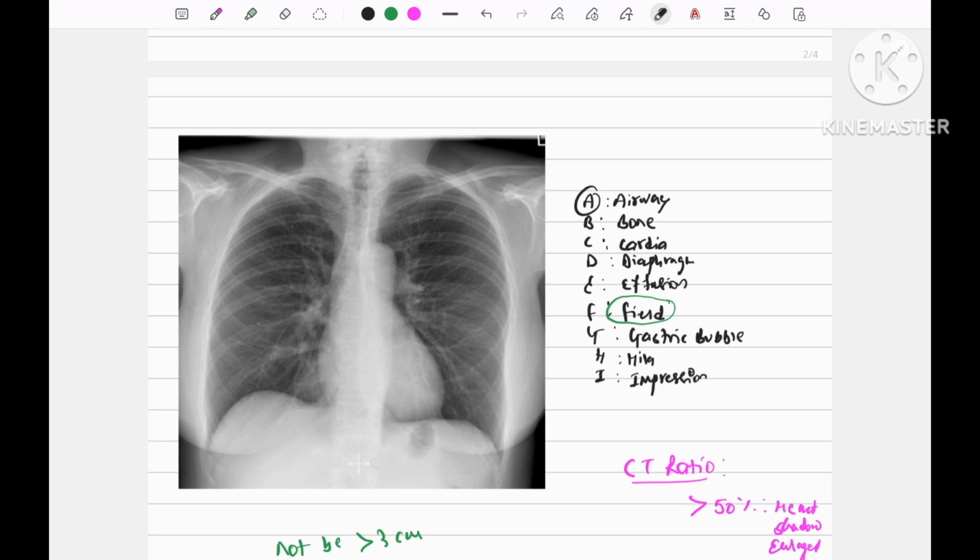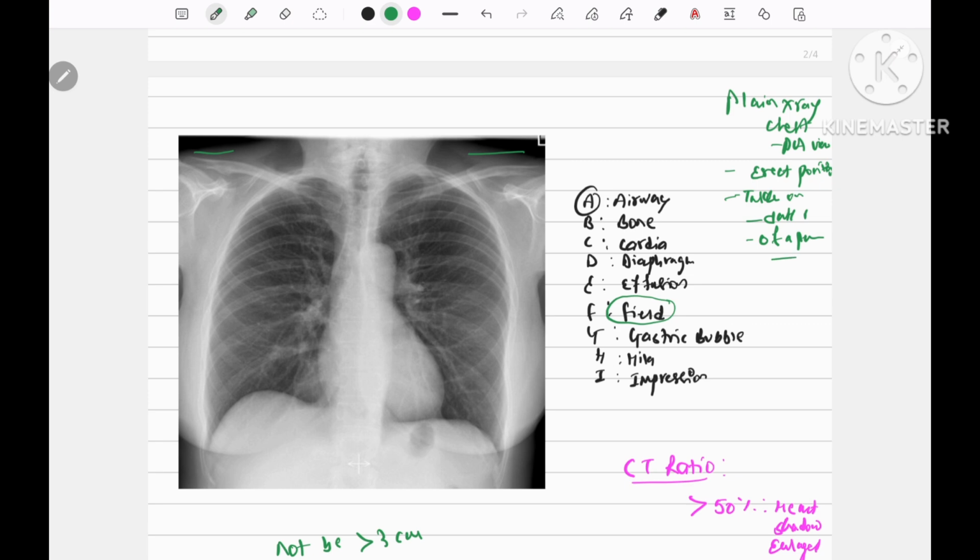I will explain like this: this is the plain X-ray chest, not a contrast study. It is the PA view, taken in erect position, and if the date and the details of the patient are mentioned, I will mention them.